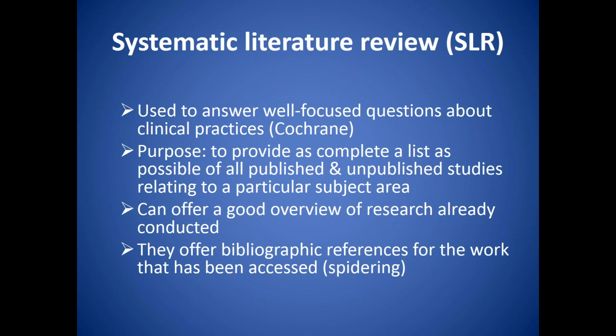The other thing that's good about this is when people are doing these systematic reviews and going through all of the literature that's available, it's a very time-consuming project. It's always worth looking at the reference list at the end. It's something called spidering, or certainly where I come from, it's called spidering.